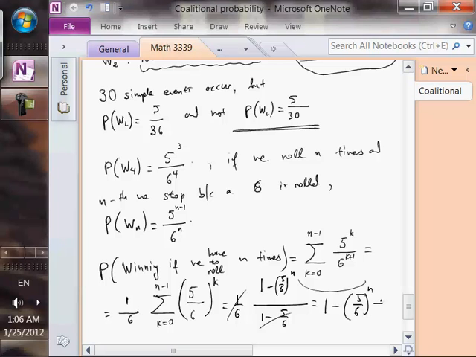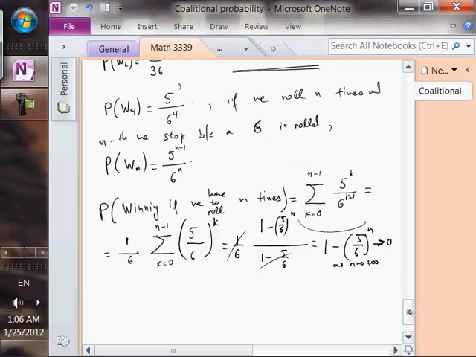And as you see, this goes to 1 as n goes to infinity. Which says that if we keep rolling, the obvious will happen. At some point, we will score a 6 if we spend all of our life just rolling the die. At some point, merciful Lord will give us a break.